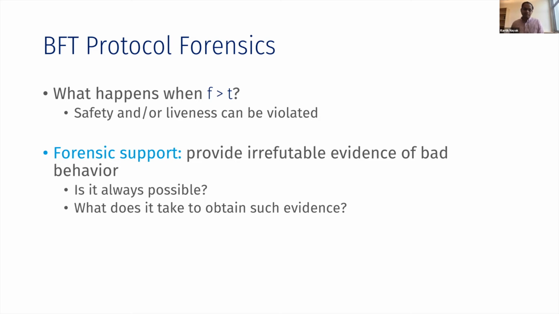In particular, if there is a safety violation, we want to provide irrefutable evidence of bad behavior by these Byzantine parties. So if there's a safety violation, hopefully we can detect who they are, and hopefully we can punish them externally. So two obvious questions here are: is it always possible to detect these bad parties? And second, even if it is possible, what does it take for us to obtain such evidence?